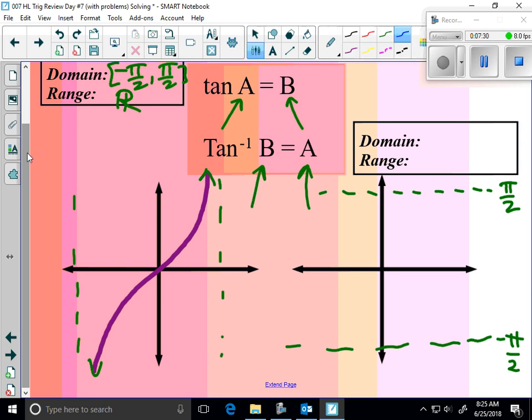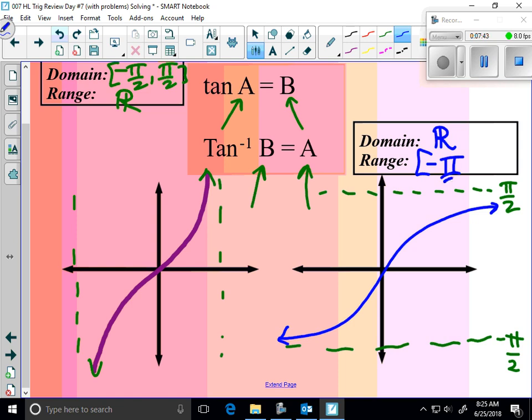And our graph of arctangent looks like this. So it just flips domain and range. So its domain now is going to be all real numbers, and its range will be between -pi/2 and pi/2. However, I should make those open brackets on the end parentheses, because there are asymptotes and the value will only approach it but never reach it.